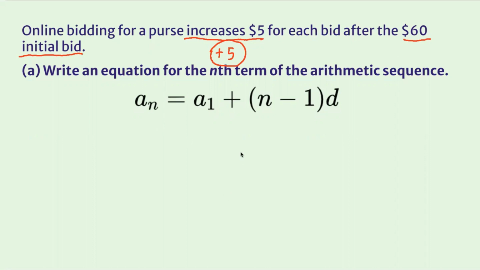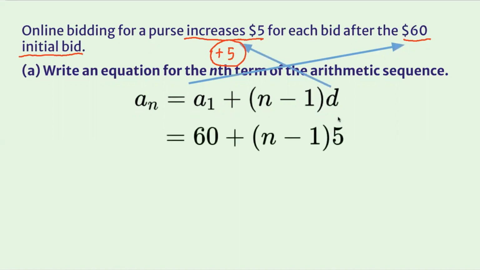So you want to go ahead and substitute those values into your arithmetic sequence equation. And so I would substitute 60 for a1 and then 5 for d. And now we have 60 plus n minus 1 times 5. Now you can just simplify. First I'm going to go ahead and distribute 5 to our n minus 1. That's going to give me 60 plus 5n minus 5.